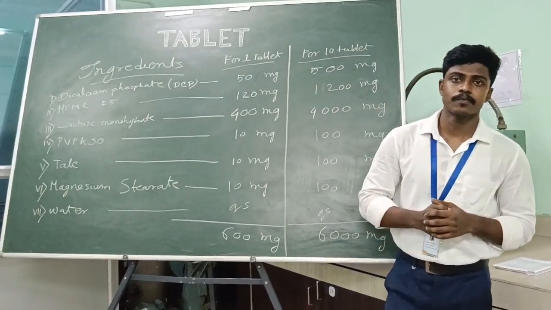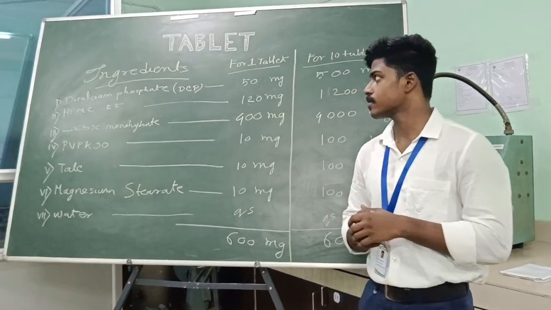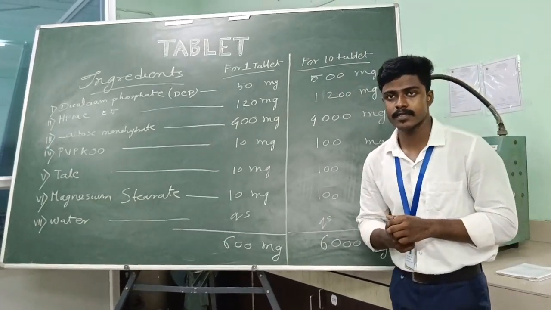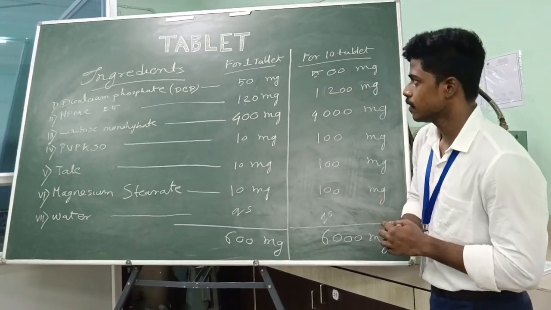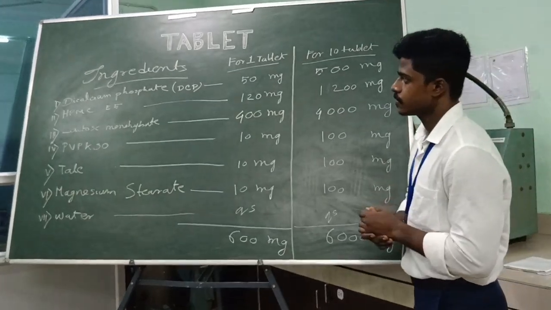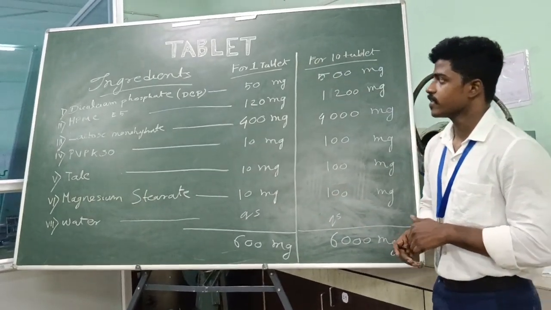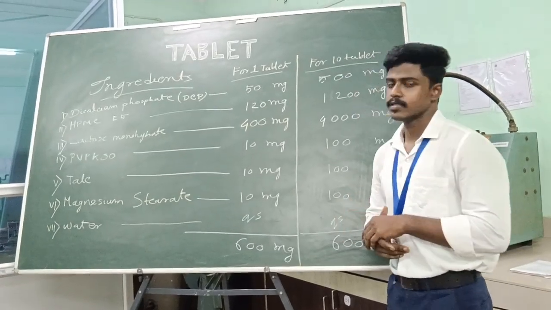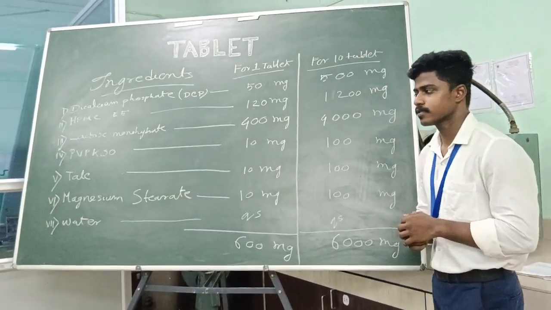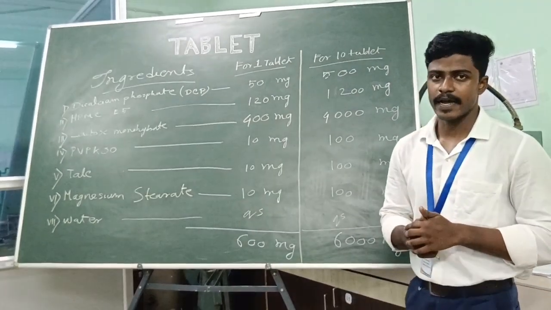We are going to formulate a dummy sustained release matrix tablet. This is the ingredients chart. The first one is dicalcium phosphate, or DCP, which acts as a filler or diluent.